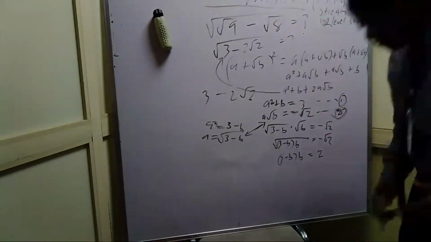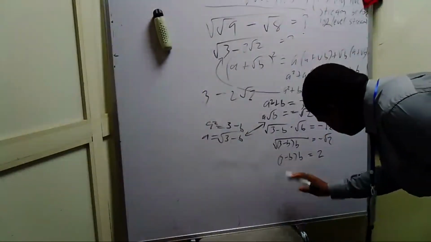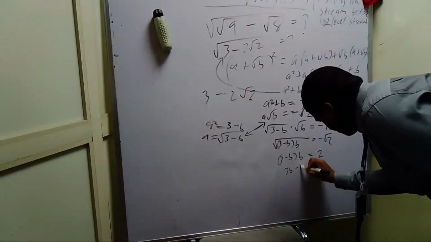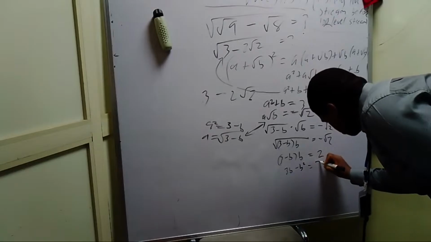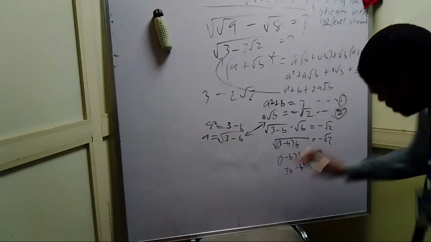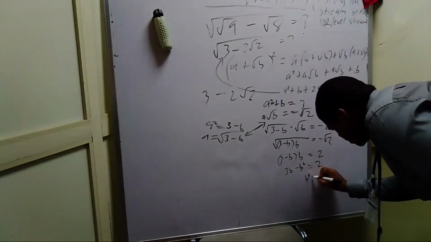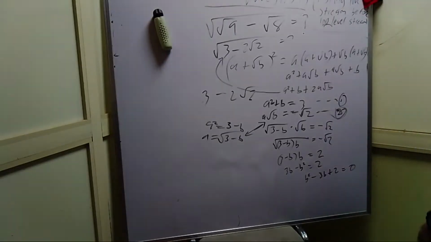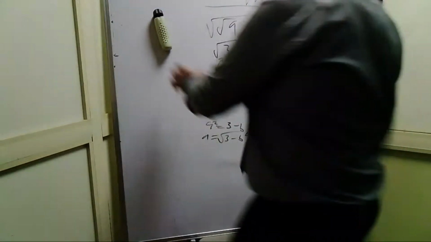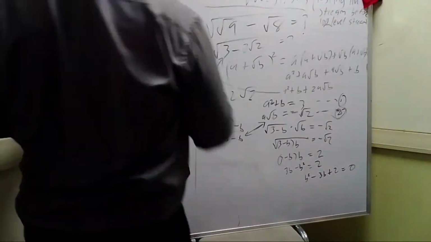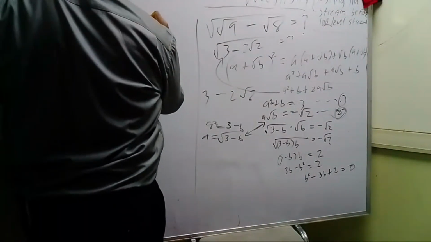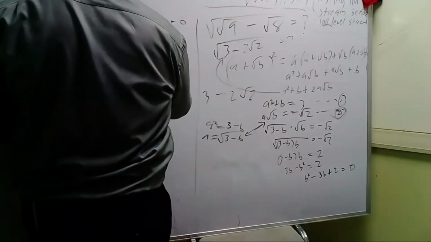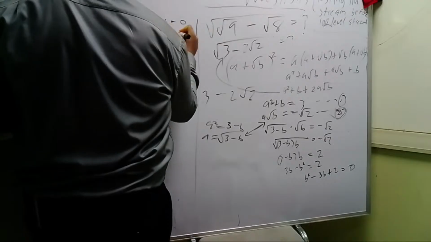If we expand this bracket on the left-hand side, you have 3b minus b squared is equal to 2. Move everything from the left-hand side to the right-hand side, and you have b squared minus 3b plus 2 is equal to 0. If you minus 2 from both sides, we have b squared minus 3b is equal to minus 2.